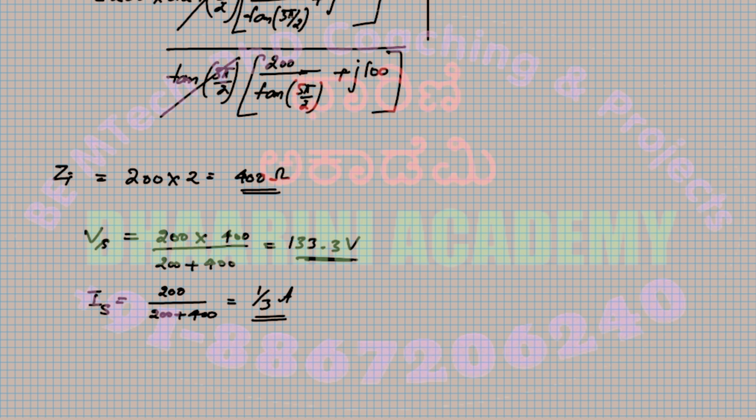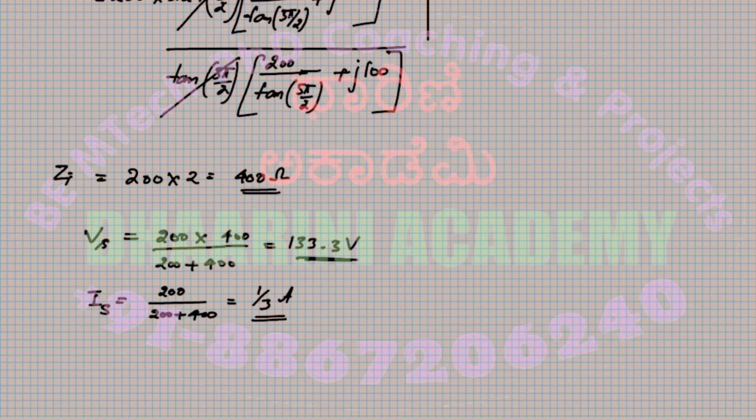Then the second question says find out the current flowing in the load. In the sense, what is the current flowing into the load? Find out. Now you see, it's a lossless line, correct?